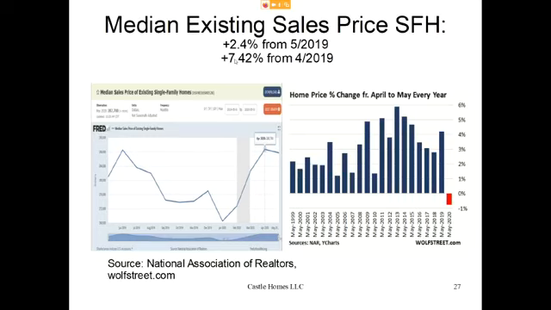So existing single-family price. Sales price was up 7.42% from April 2019, and May was up 2.5% over May 2019. And what's interesting, and this has never really happened, is you can see that the percent change from April to May of every year, for the past 20 years, since 1999, has always increased, sometimes by more, sometimes by less, but never less than a 1% increase.